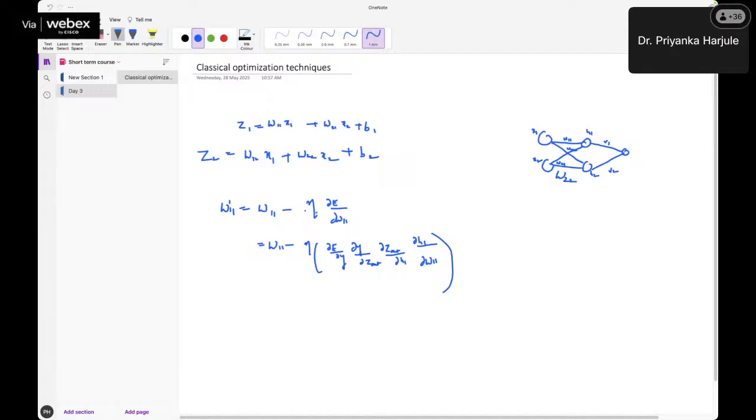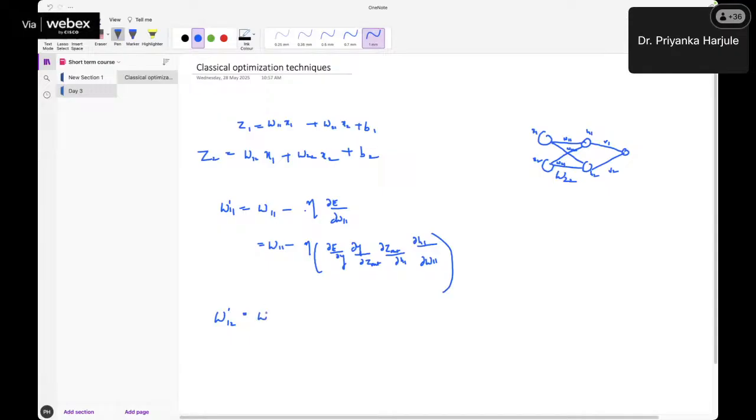So we are finding this gradient of the error with respect to W11 using this chain rule. That is, first we find the change of this error with respect to Y. Then we find the change of Y with respect to Z out. Then we find the change of Z out with respect to H1, and then we find the change of H1 with respect to W11. Similarly, you can find the value for W12 dash.